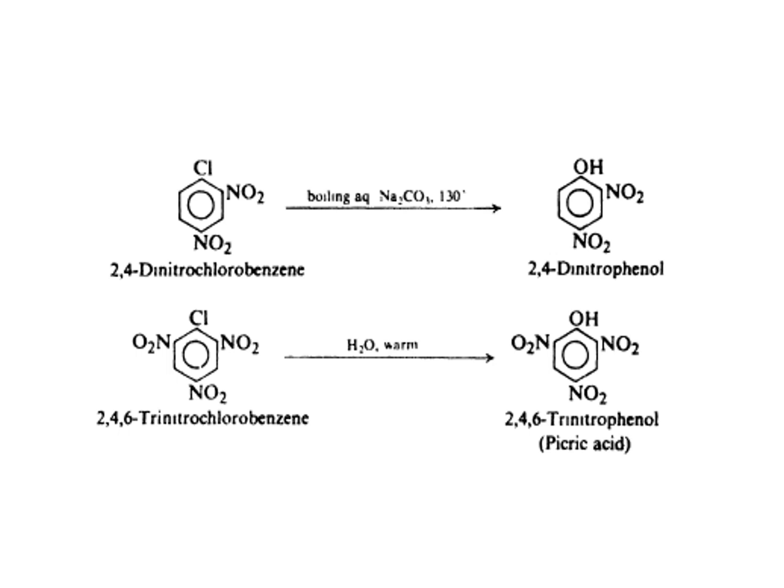This particular 2,4,6-trinitrochlorobenzene is highly activated towards this nucleophilic substitution reaction, such that if you simply warm this compound with water, the chlorine can be replaced with the OH group and you will get 2,4,6-trinitrophenol, picric acid, that we have synthesized in our lab. See, the severity of the condition has been reduced to a much greater extent.